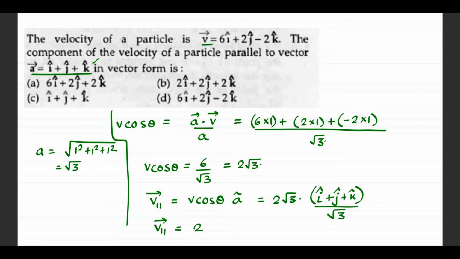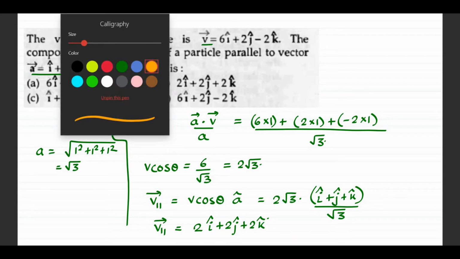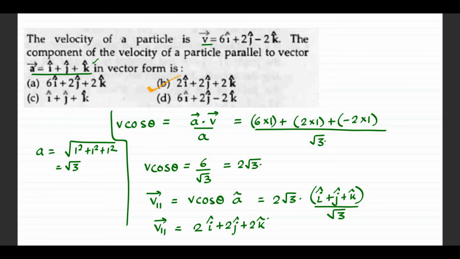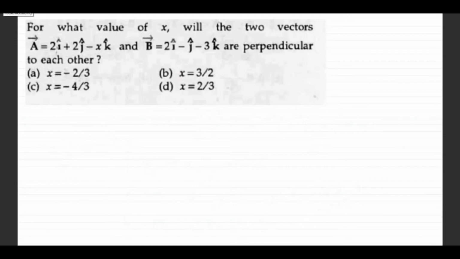So parallel component will be this, matches with option B then. Fine. Okay.